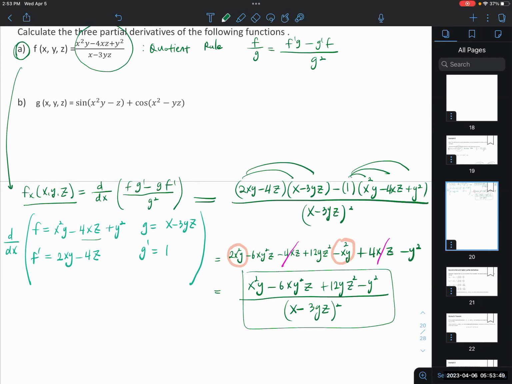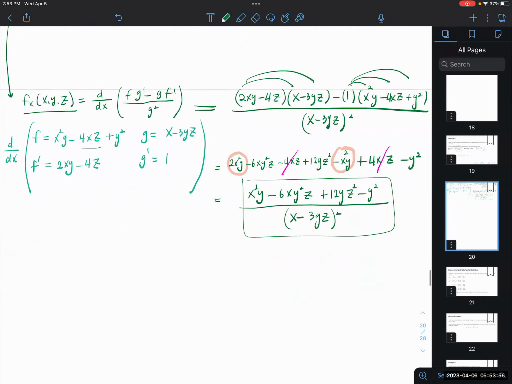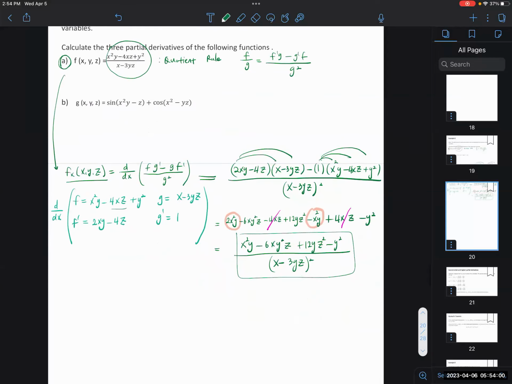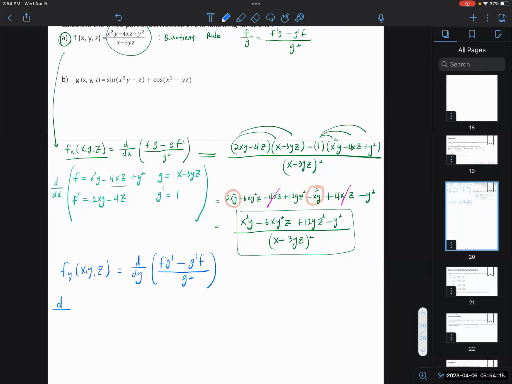All right, so can we do the next one, f sub y? So let me double check the f sub y. We have the same question, so I'm going to minimize it and change the color. So that means d over dy. We're going to do the same quotient rule. Sorry, it's a little bit complicated, but you can wrap up d over dy.